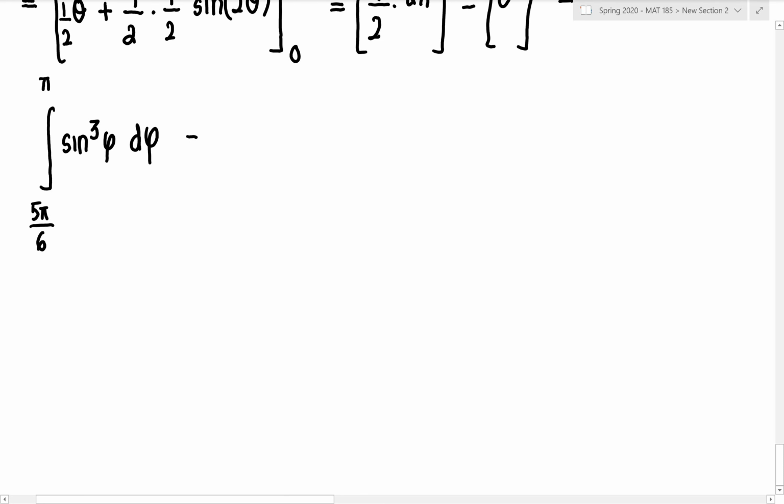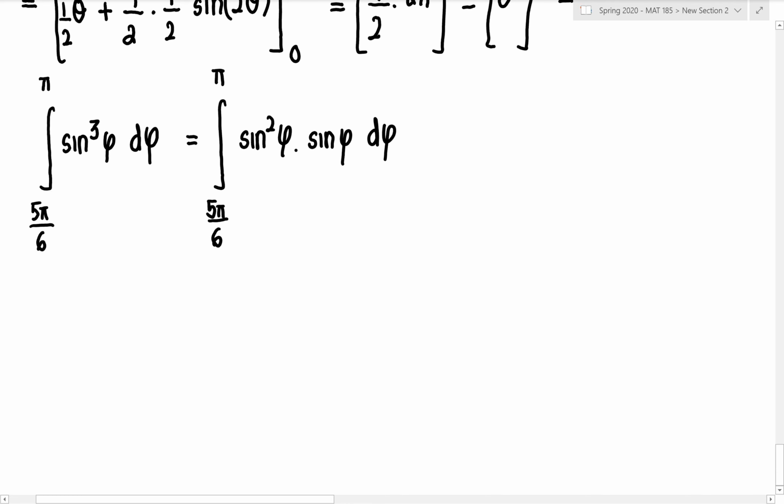If we have an odd power of sine or cosine, what we're going to do is save one copy of that power. So I'm going to write it as sine squared phi times sine of phi d phi. If I multiply these out, I'm going to get sine cubed.